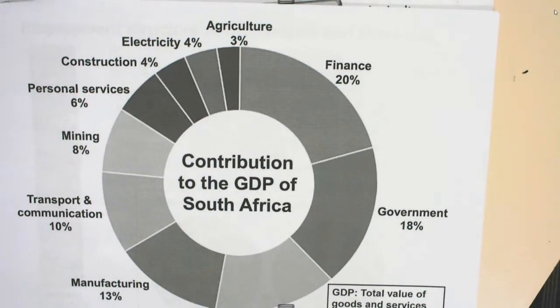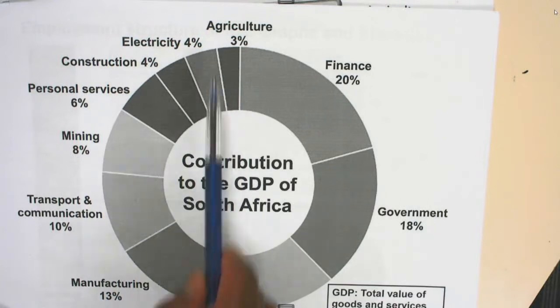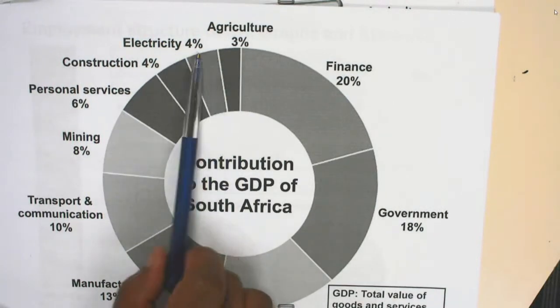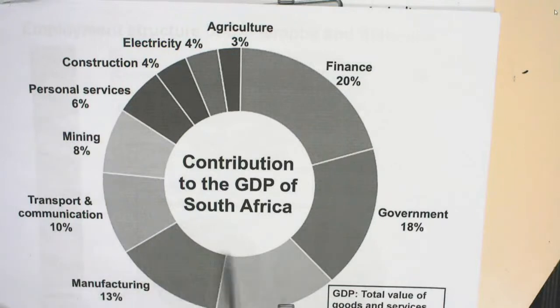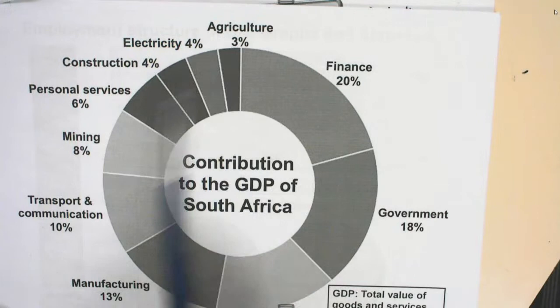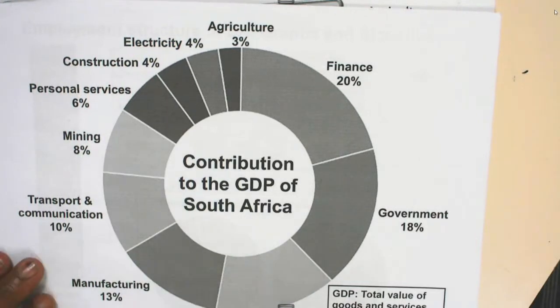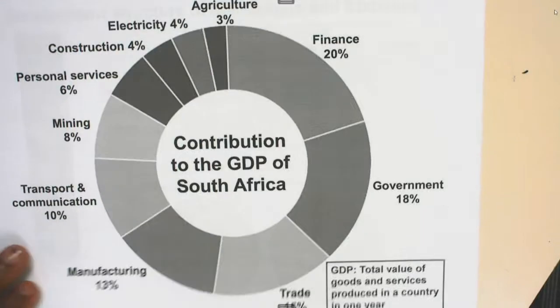Agriculture contributed nearly 3%, electricity 4%, construction 4%, and others, as you can see. Mostly the primary sector, which is agriculture and mining, has contributed far less in recent times to South Africa.